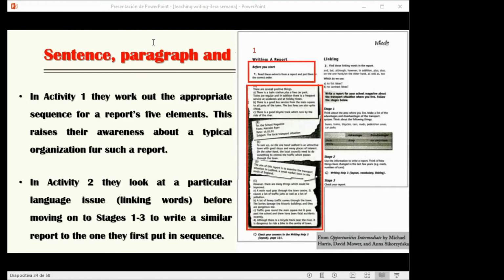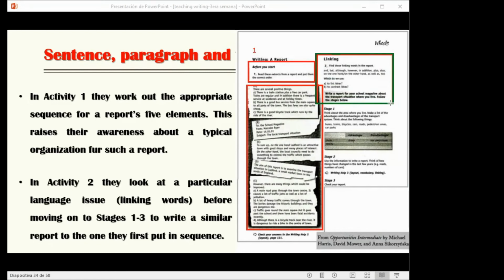Activity 2, notice, activity 2. So what do they need to do? They need to find the linking words in the report. And, but, also, however, in addition. I'm going to put it in another column. Here, this is the report, the linking words.